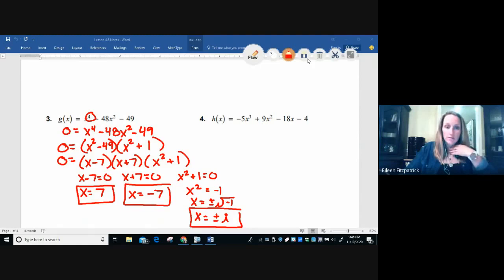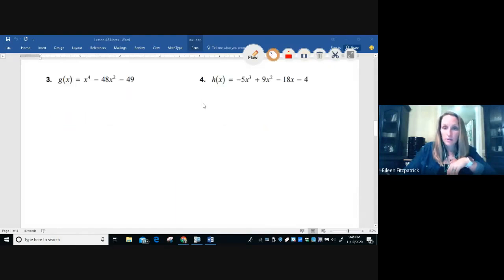To figure out what numbers to use for synthetic division, we plug the function into our calculator, we graph it, and we look at the x-intercepts. And those are the values we use for synthetic division. If there are more than 4 terms in your polynomial, then you have to use synthetic division. And you might use synthetic division more than once, like you saw in the first problem. Okay?